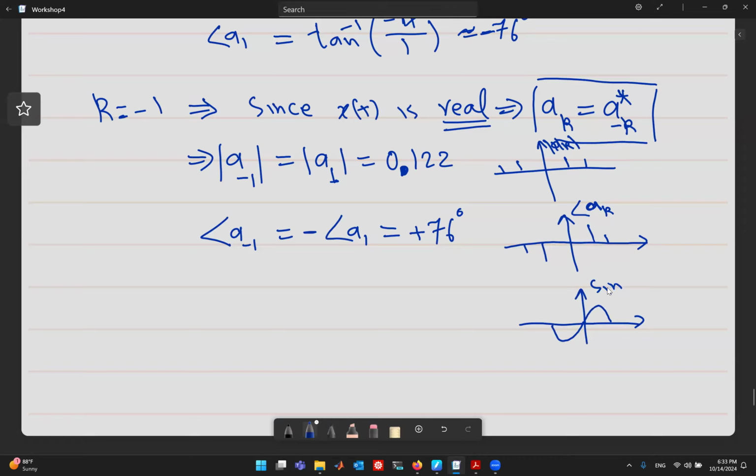So is it even, or is it odd? I actually don't remember. Just confirm this, but you got what I mean. This kind of symmetry: whatever you get here positive will be reflected to this side, but it will be negative.